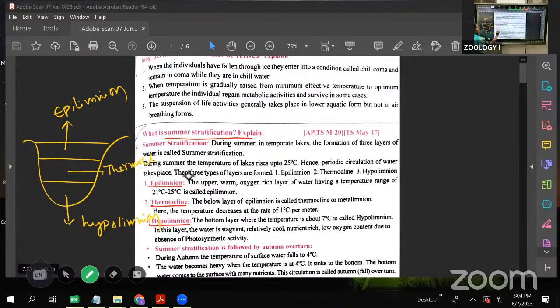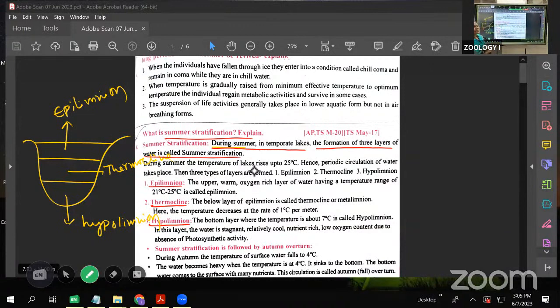Depending upon the temperature, the lakes undergo stratification, meaning they undergo layers, that we call summer stratification. See this one. During summer, in temperate lakes, the formation of the 3 layers of water is called a summer stratification.